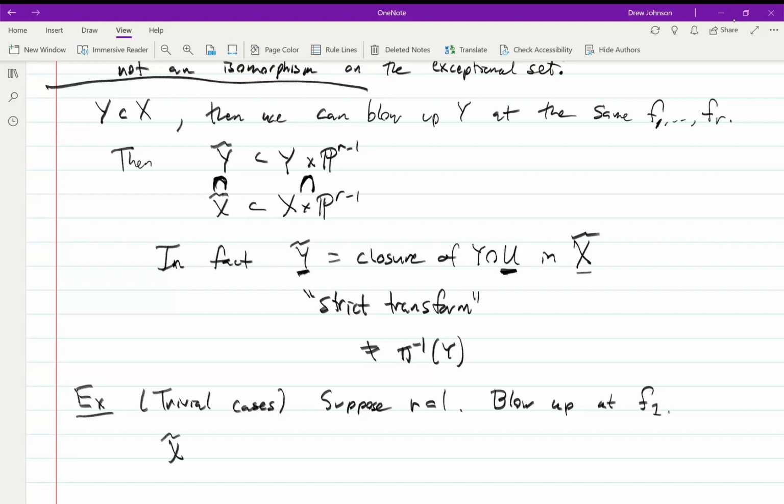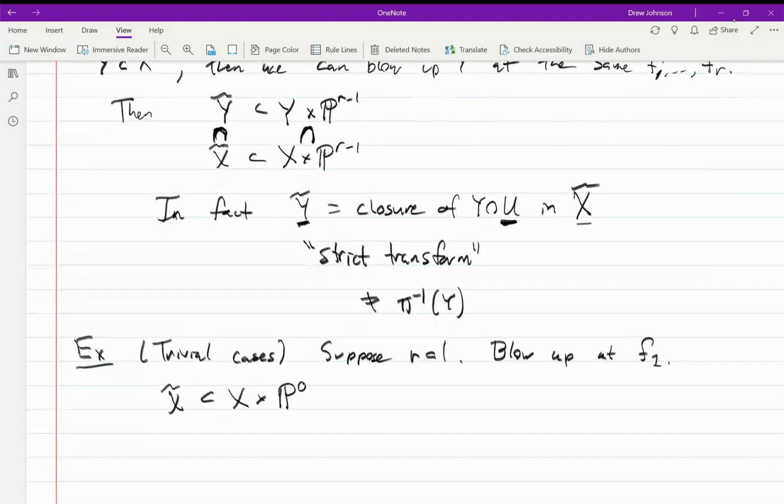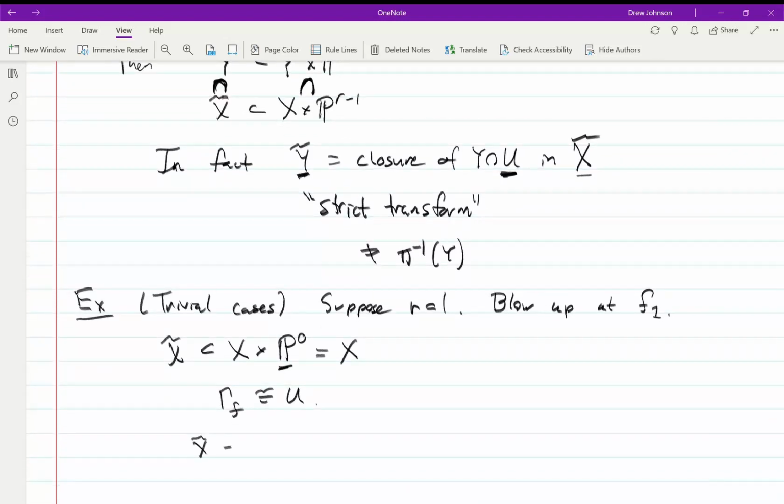Then x tilde should be contained in x cross p r minus 1, so it'll just be p0. Remember, p0 is just a single point, so x cross p0 is just x, and also the graph of our function f will just be isomorphic to u. So x tilde will just be equal to the closure of u in x.